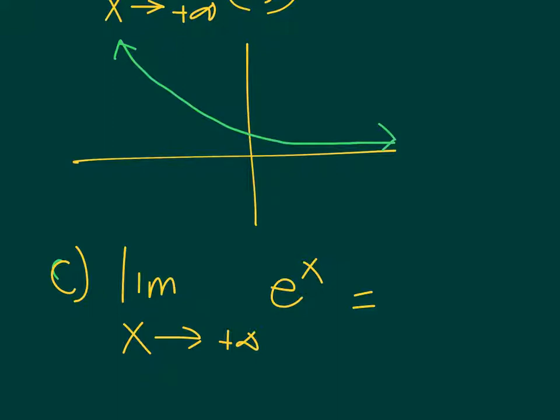What do we know about the number e? Its value is approximately not 1 point something, it's 2 point something, right? So it's a 2 point some value raised to x.